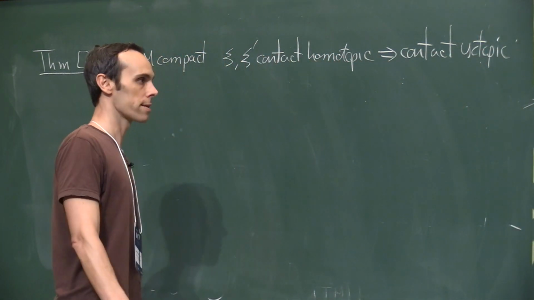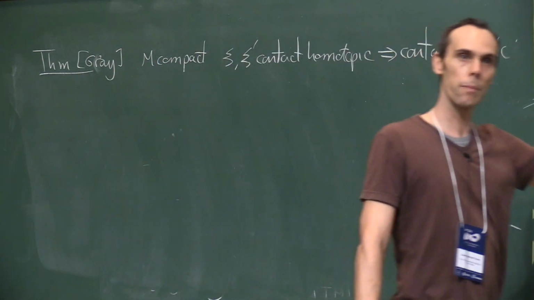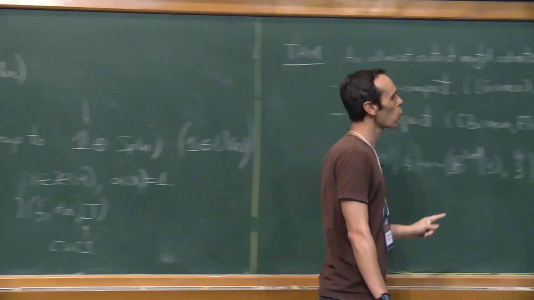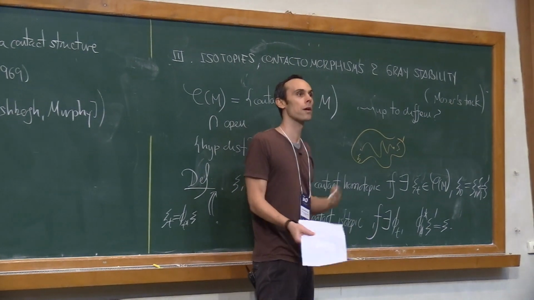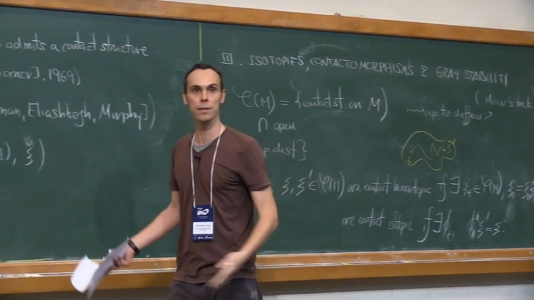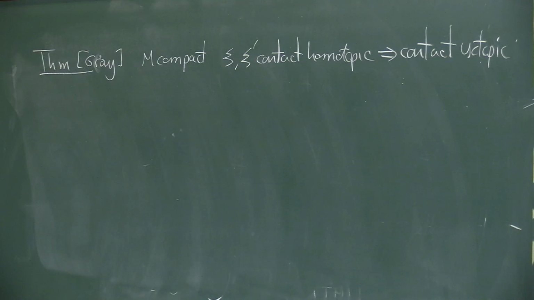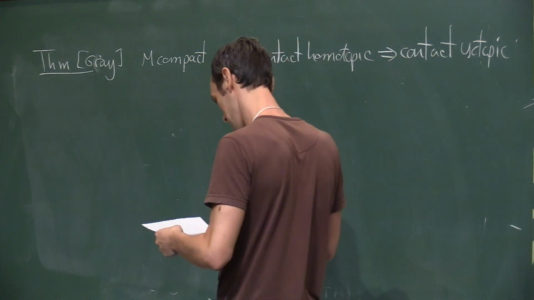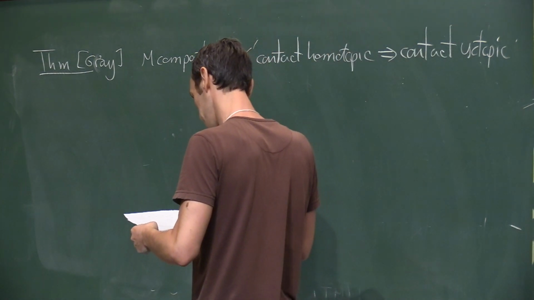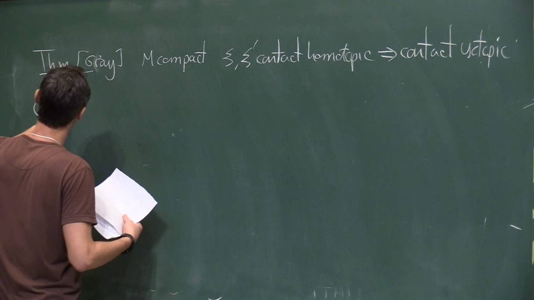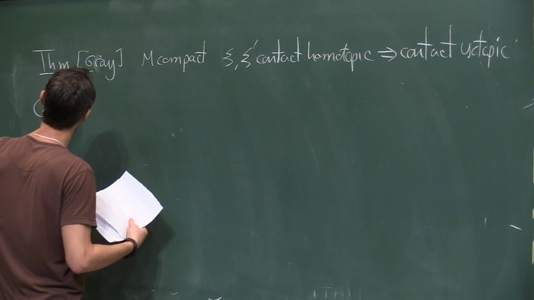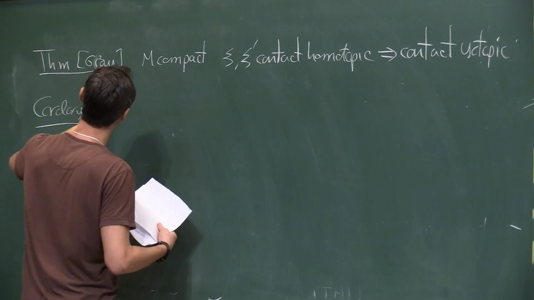Hence, if we want to study contact structures up to isotopy, it's the same thing as studying connected components of the set of contact structures on our given compact manifold. That's the advantage. And let me also draw a corollary, known as Gray's stability.